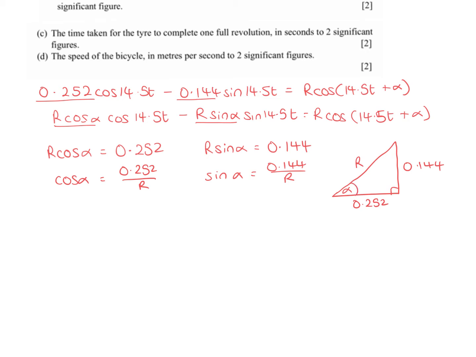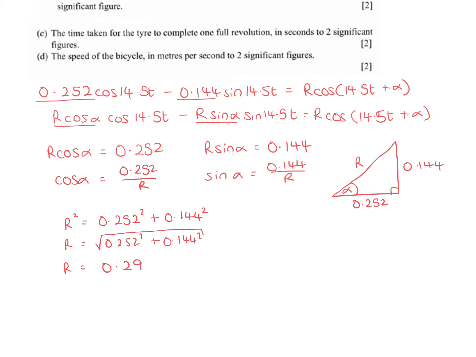From there, it should be really easy to work out R and alpha. Using Pythagoras, R squared is 0.252 squared plus 0.144 squared, so R will be the square root of that, and that gives me an answer of 0.29.